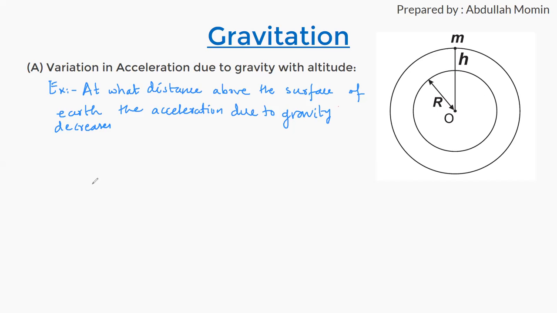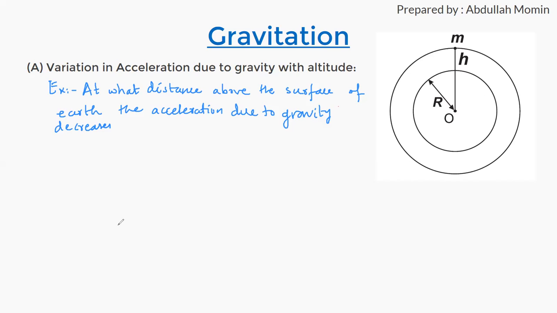Since the acceleration decreases by 10%, that means it is 90% of g. So we can write gh is 90 upon 100 into g, and from this gh upon g is equal to 9 by 10, or 0.9.